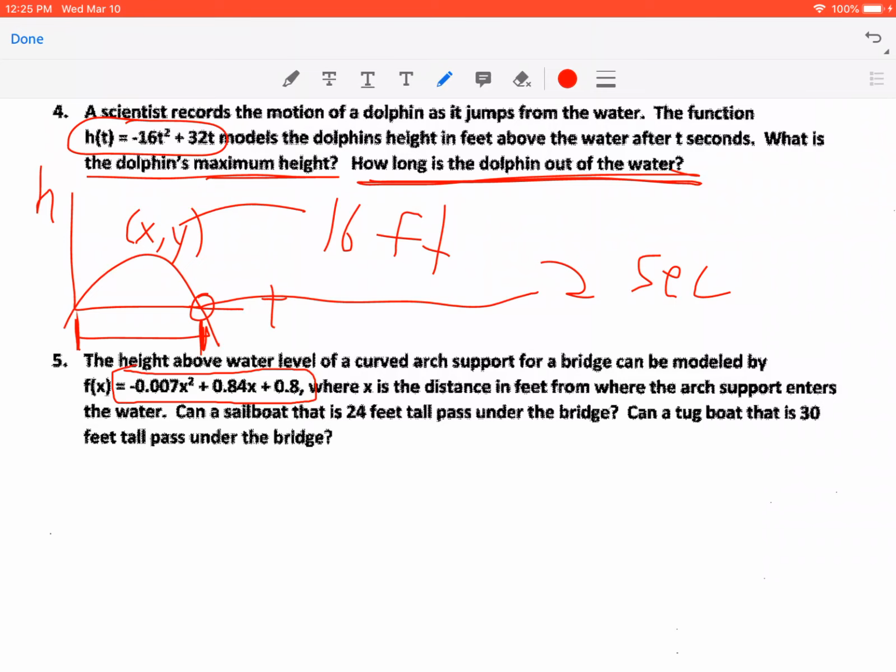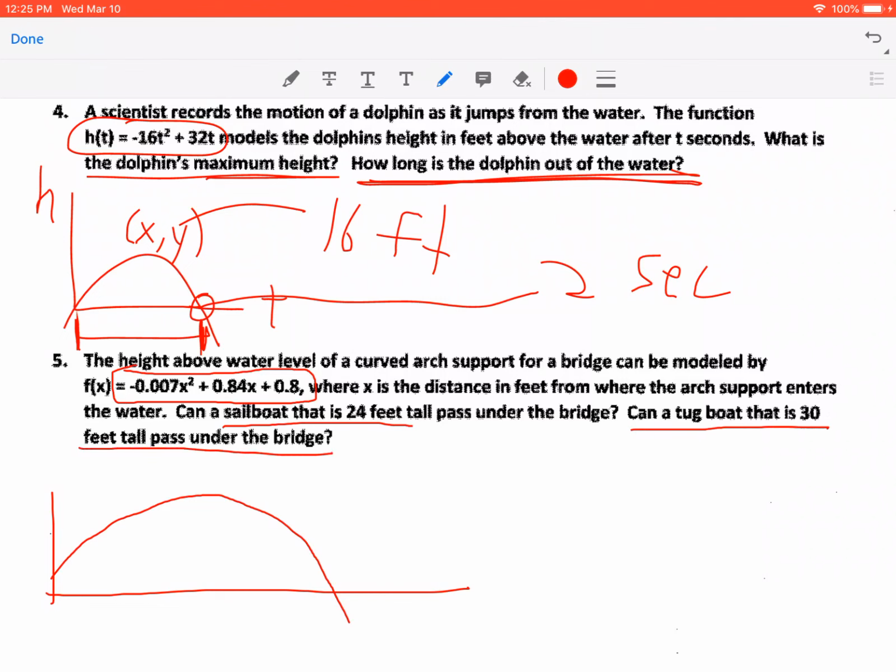So what we have is water, and we also have this arched bridge, and we need a sailboat that can try and pass under it. So the sailboat is 24 feet tall. A tugboat is 30 feet tall. We want to see if they can both fit under the bridge. So what we really need to see is what is the maximum height of this curved bridge.